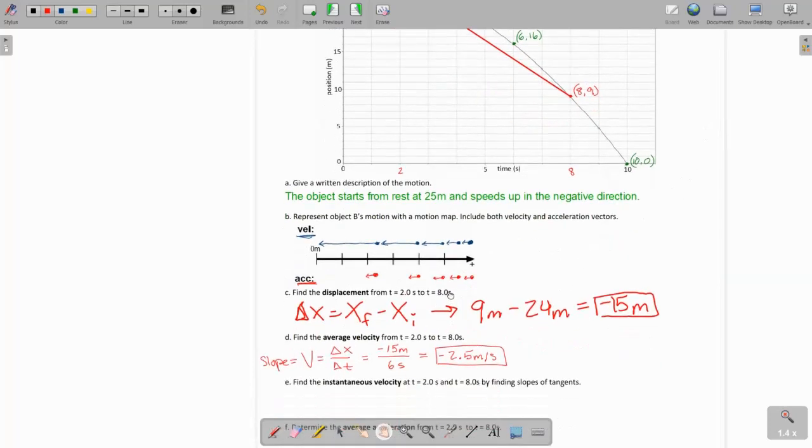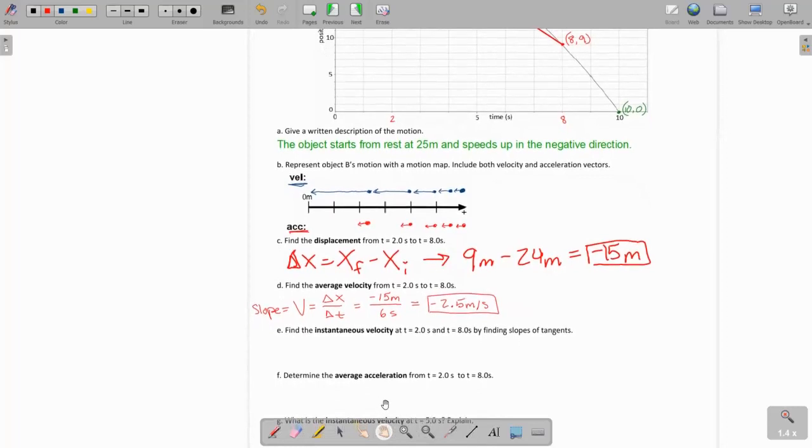Okay. Now, moving on, part E, it's asking us to find the instantaneous velocity at 2 seconds and also at 8 seconds by finding the slopes of tangents.